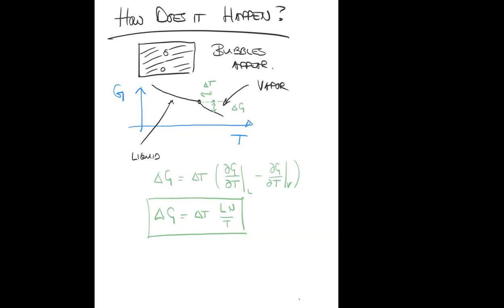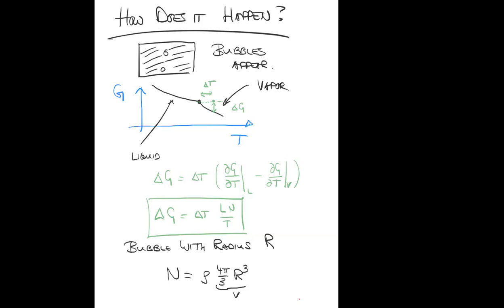So if you want to form a bubble of some radius r, then the number of particles inside is just the density of the system times the volume of your bubble. So this is rho times 4 pi over 3 r cubed, because this is just the volume. So density times volume is the number of particles in your bubble.